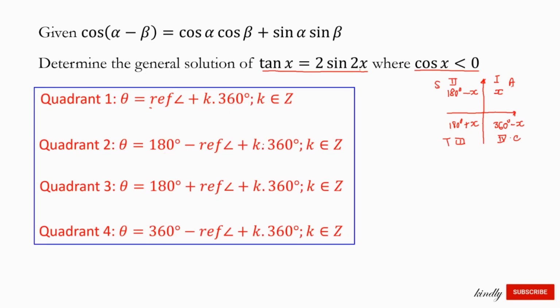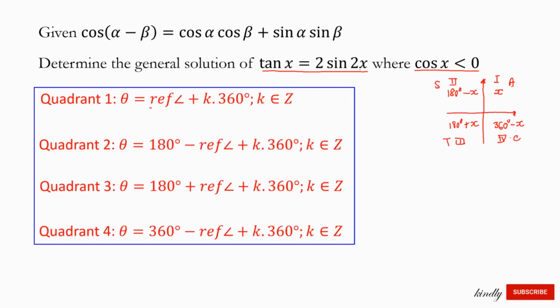Then quadrant 2 is going to be 180 degrees minus the reference angle, just like we have 180 degrees minus x here, plus k times 360, where k is an integer. Then quadrant 3, we have 180 degrees plus the reference angle, just the same as 180 degrees plus x, plus k times 360 degrees, where k is an integer.